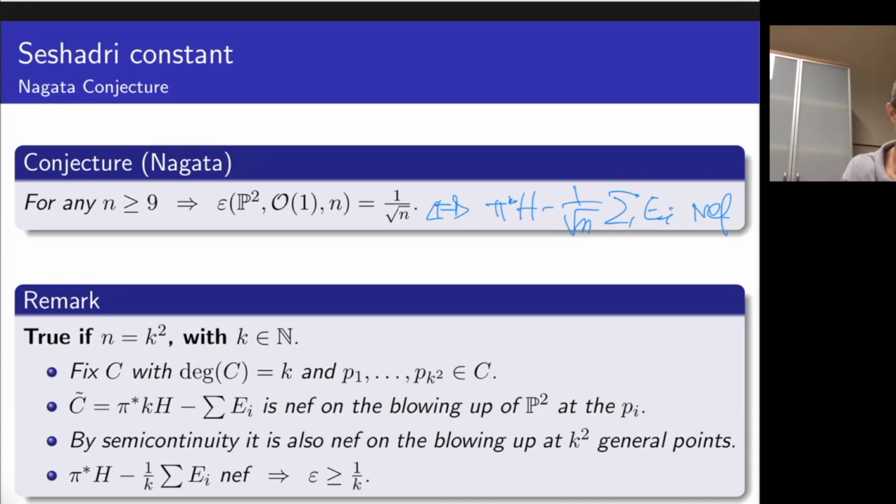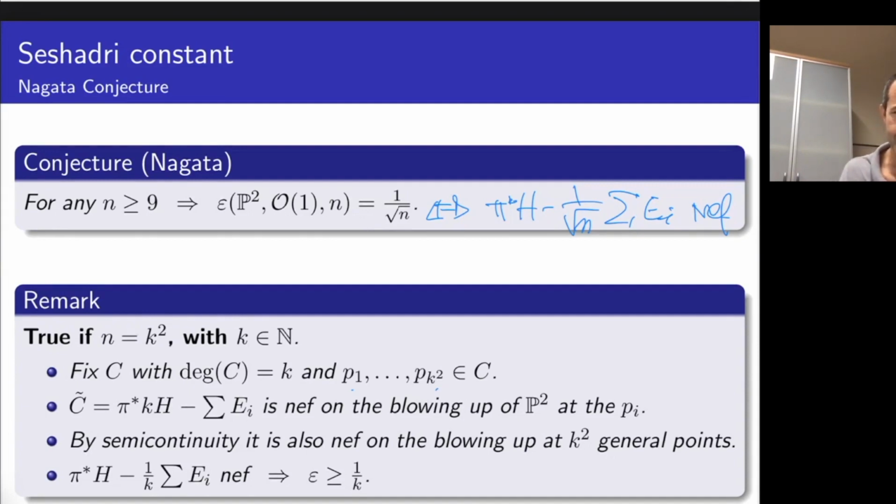Now, if n is a perfect square, let's say n is equal to k squared, the idea is that we can fix a curve of degree k in the plane, and we fix k squared points on this curve, which of course, in the projective plane, are special points.